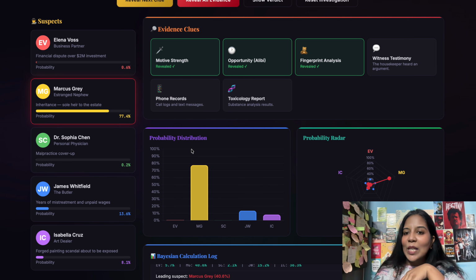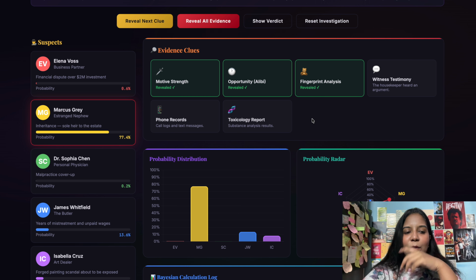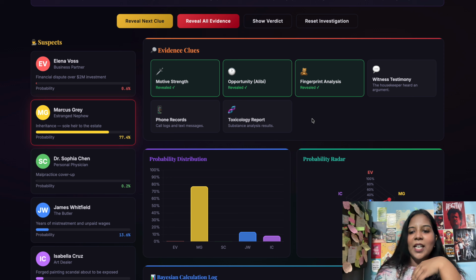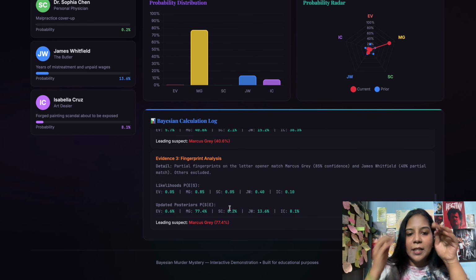He has the fingerprints. This is a major clue, because they're on the body, but Marcus could also have touched him to check whether he's alive or not. That is also there. We can't just come to the conclusion immediately.